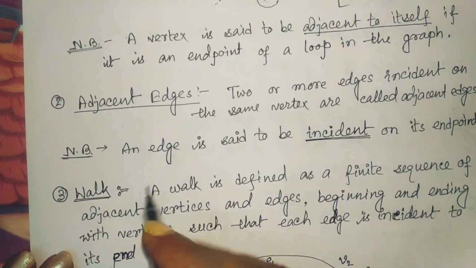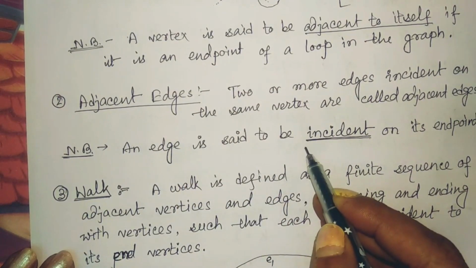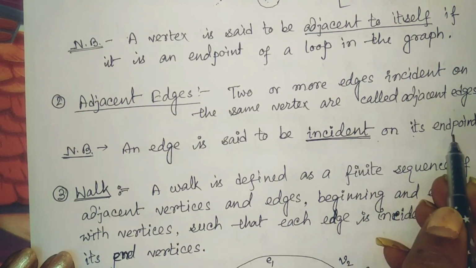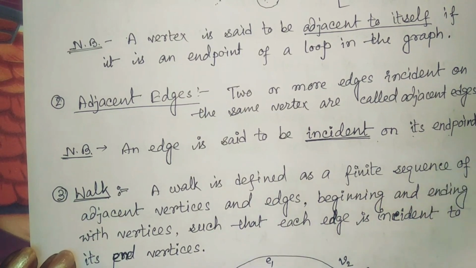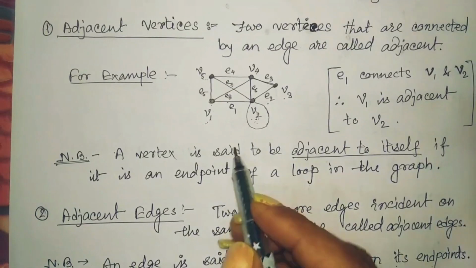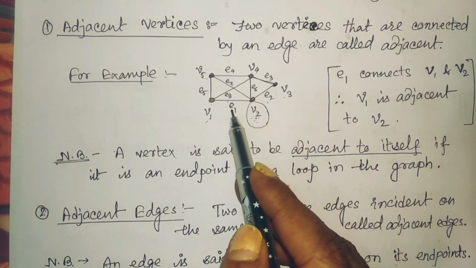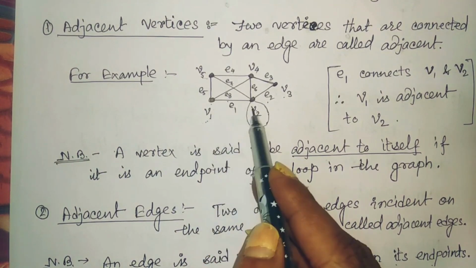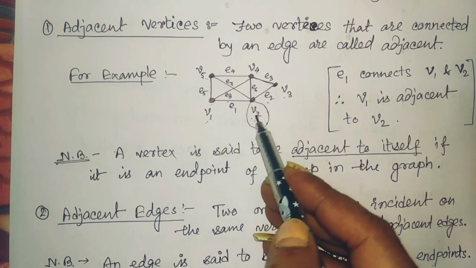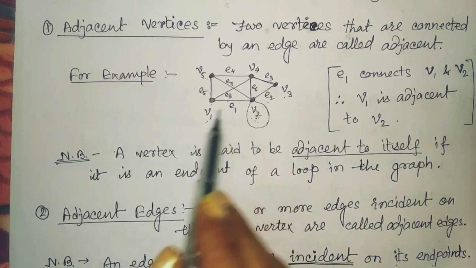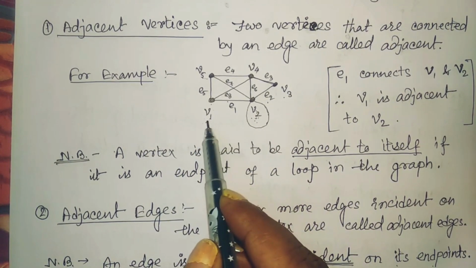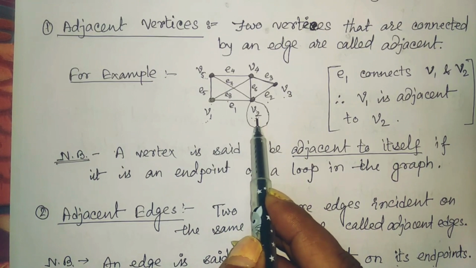An edge is said to be incident on its endpoints. Any edge is incident to two vertices. Suppose E1 is incident to the two vertices V1 and V2. So it is incident on the vertex V1 and the vertex V2.